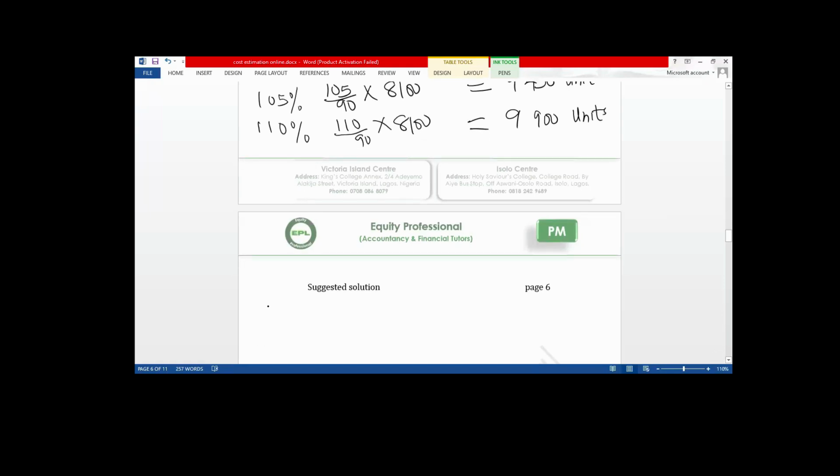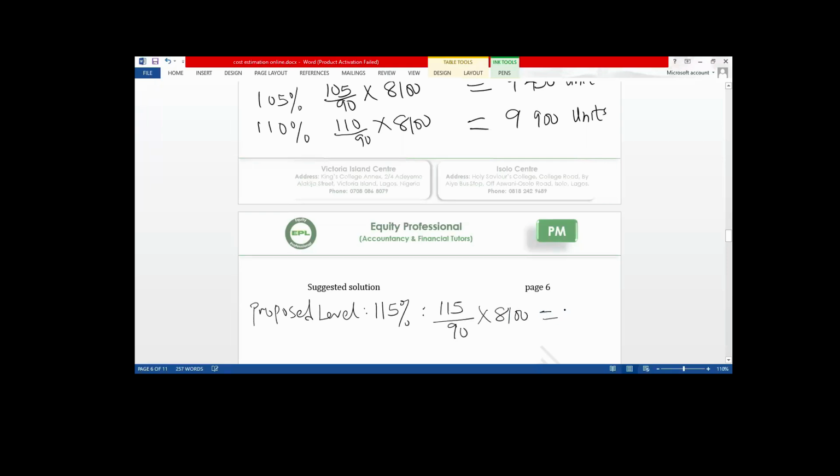We have proposed level at Ikeja. The proposed level is 115%. That becomes 115 over 90 multiplied by 8,100 units.